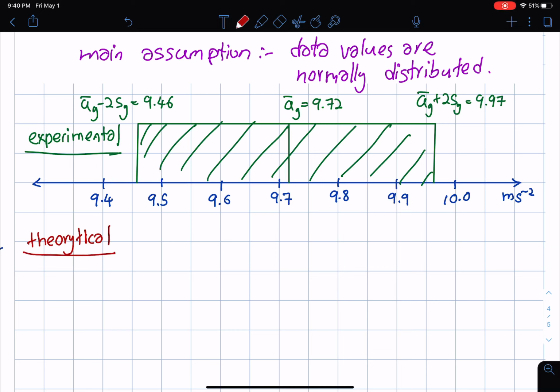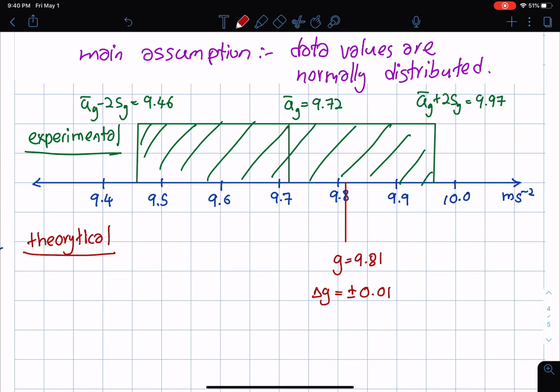The theoretical value for gravitational acceleration is 9.81, which I am going to mark here. 9.81. Sometimes you are given an uncertainty for the theoretical value, an error. So for this case, I was given the uncertainty is plus or minus 0.01.